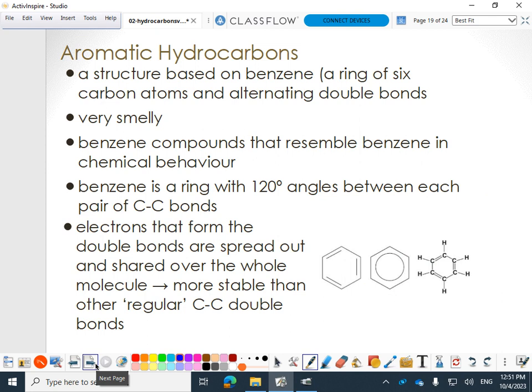So the chemistry, benzene is very, very stable, which is unfortunate because it's a very, very toxic molecule. So when it says very smelly, what that means is, if I opened it and spilled a little bit, all of you would be throwing up. The smell itself is so toxic. Your body's like, get this out of me. So it is so bad.